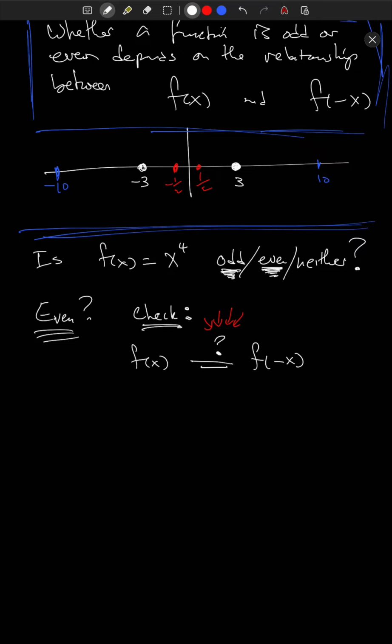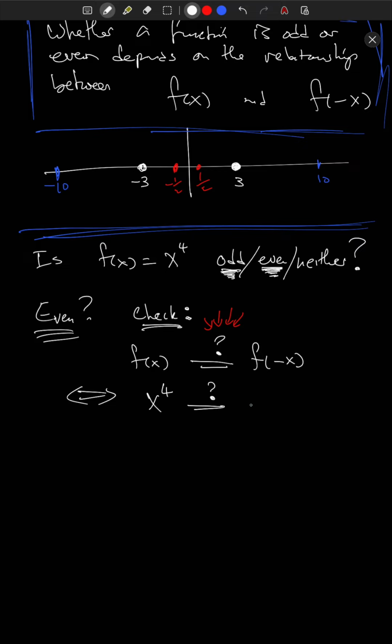All right, so is f of x equal to f of negative x? That's how I would read this. This is equivalent to asking, well, I'm just going to plug in the formula for f of x. f of x is x to the fourth. So this is the same as asking, is x to the fourth equal to f of negative x?